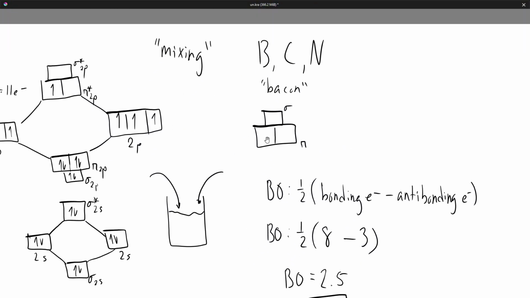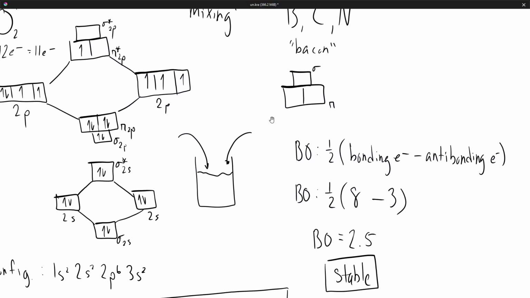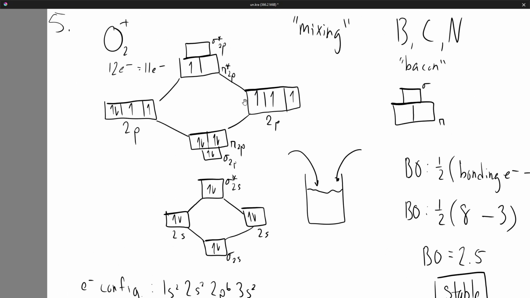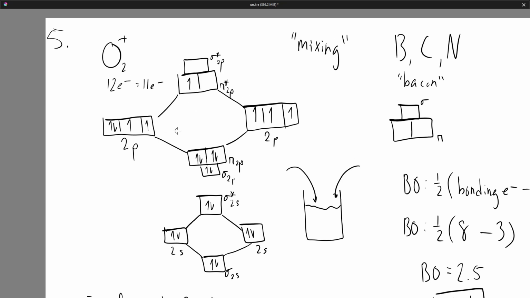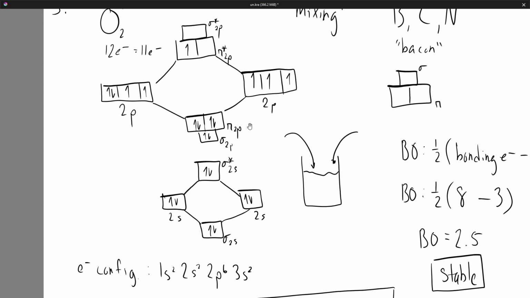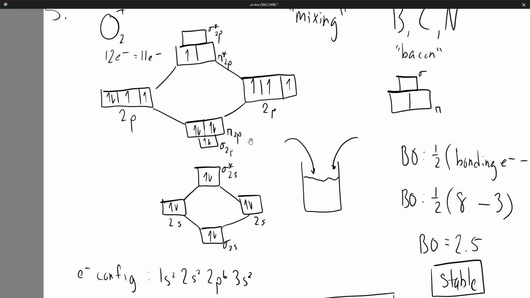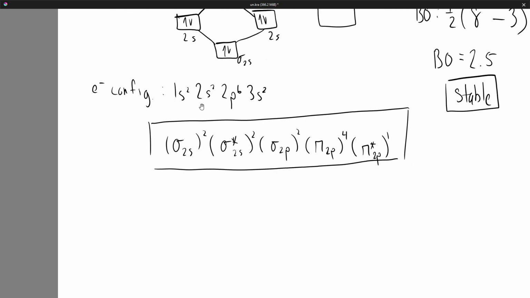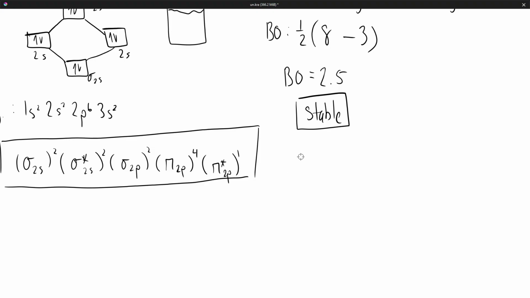So now to see whether it's paramagnetic. Paramagnetic means there are electrons that aren't paired in the valence electron configuration right here, and diamagnetic means everything is fully paired. If you see here on our 2p orbitals, there are electrons that aren't fully paired like this, which means this is paramagnetic.